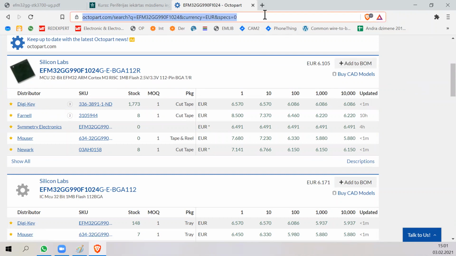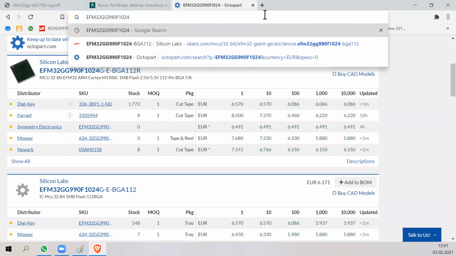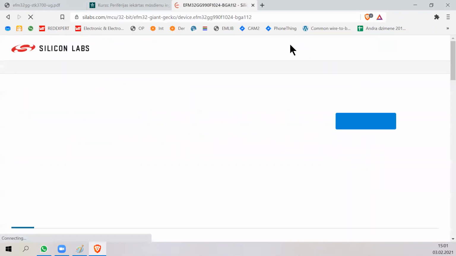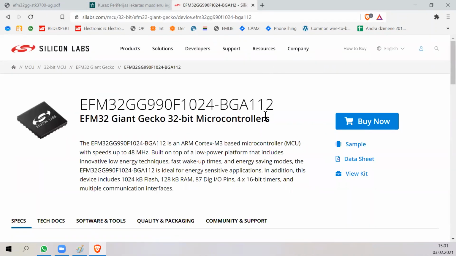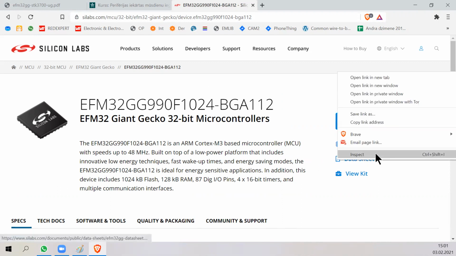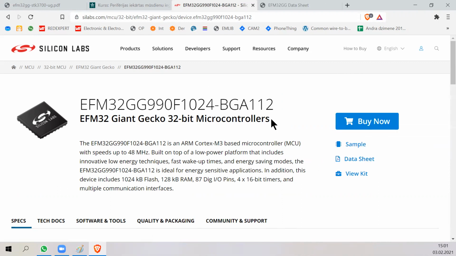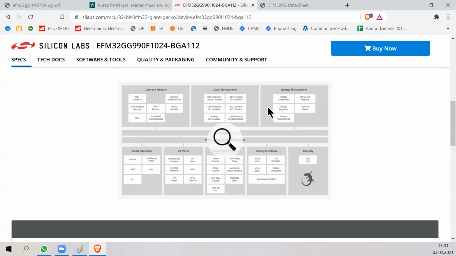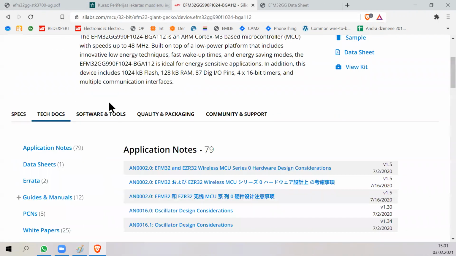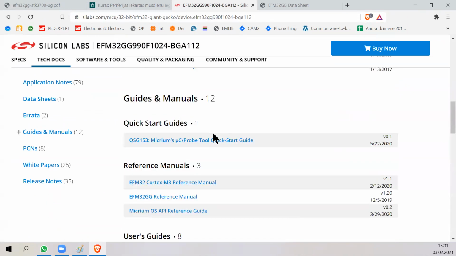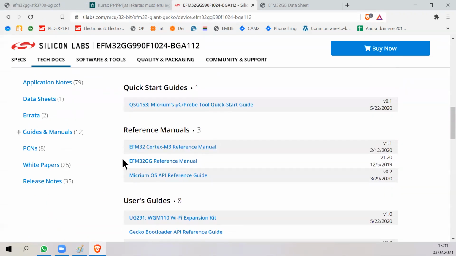But what we need to do with this microcontroller, we need to use two documents that describe the internal parts of this microcontroller. The first one is the datasheet. All microcontrollers have a datasheet. And the second, under documentation, is a reference manual of this microcontroller.